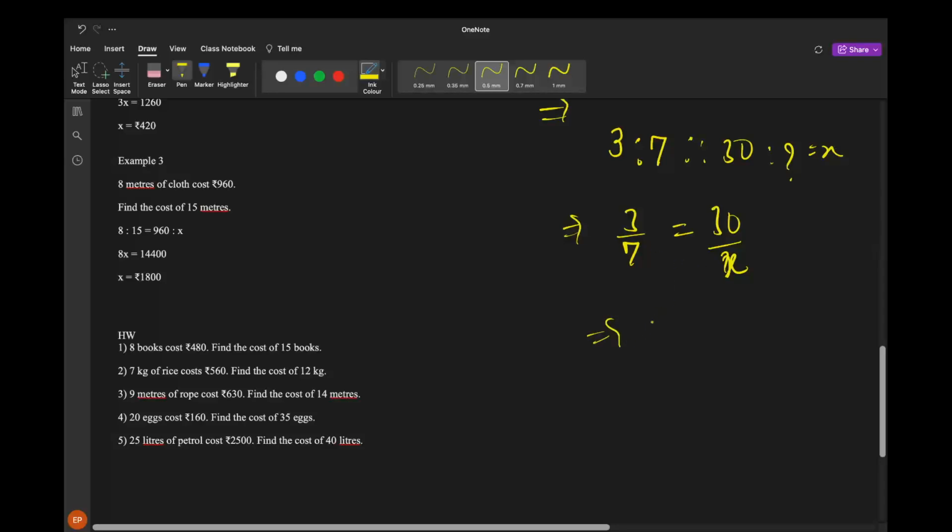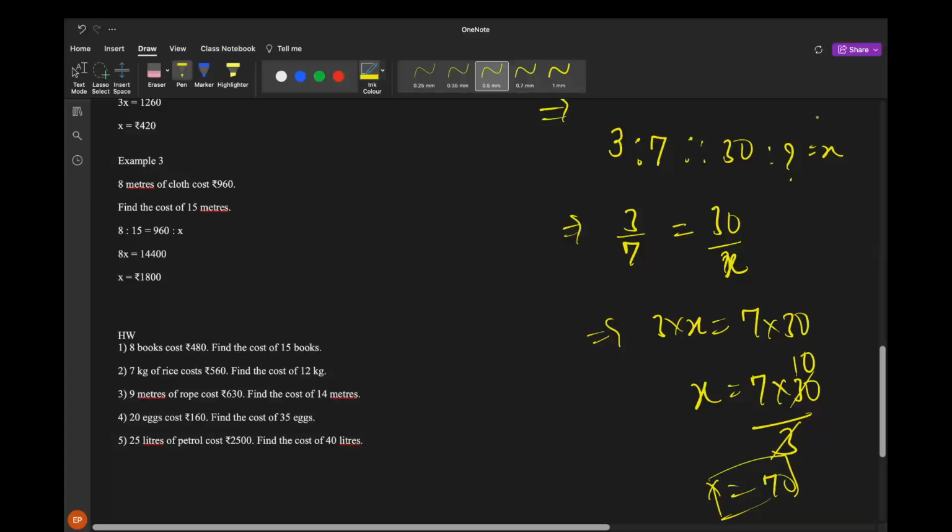Then 3 into x equals, cross multiplication, 7 into 30. So x is 7 into 30 divided by 3. 3 tens are 30, so x will be 7 tens are 70. Means I have to pay 70 rupees for 7 chocolates.